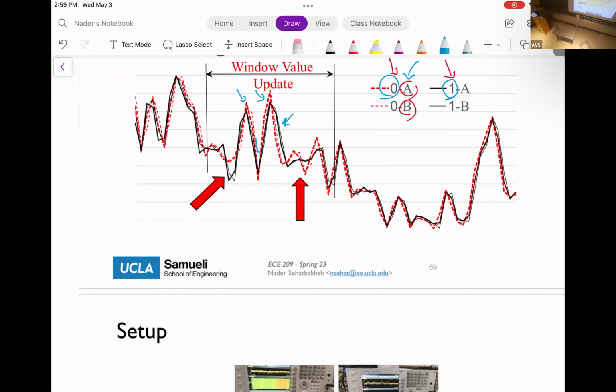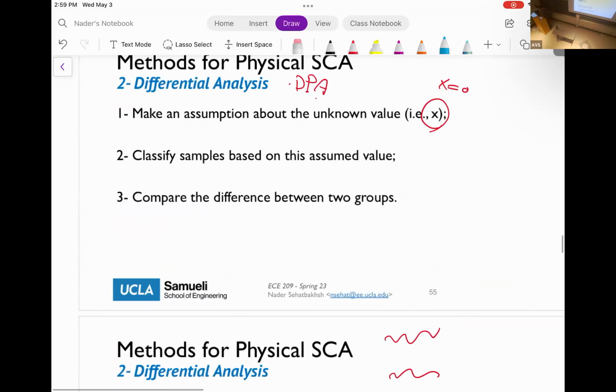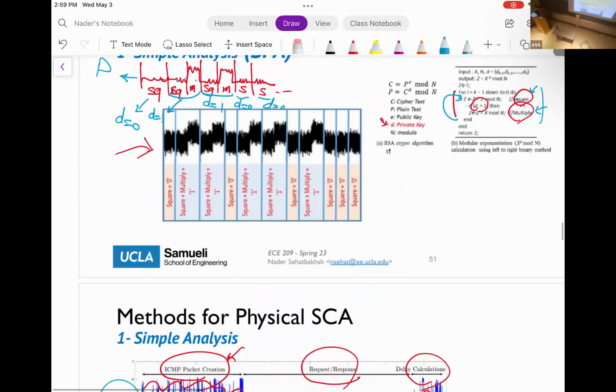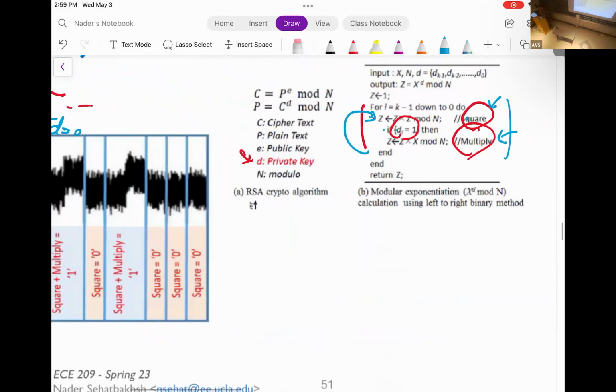Okay, so it's not like the square multiply that I showed you before. If I actually go way up, if you remember this one, there was a huge difference between when you're doing this square multiplication versus when you're not doing this square multiplication. So this was the same RSA code, but this is not the constant time RSA code.